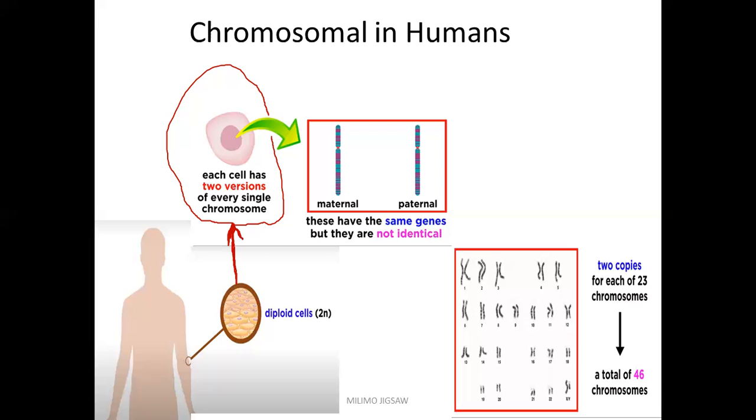When we look at the chromosomes in humans, we see that each cell contains two versions of every single chromosome, as we have already explained. So we have, for example, maternal, from the mother, and paternal, from the father. These have the same genes, but they are not identical. We have cells that are known as diploid, di for 2, so 2n, and we have cells known as haploid cells.